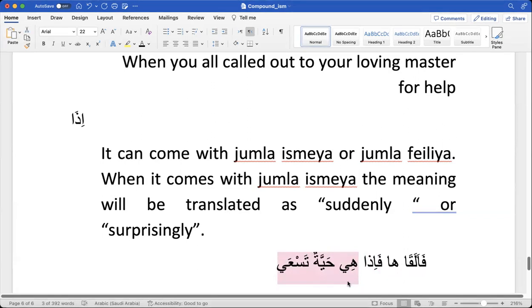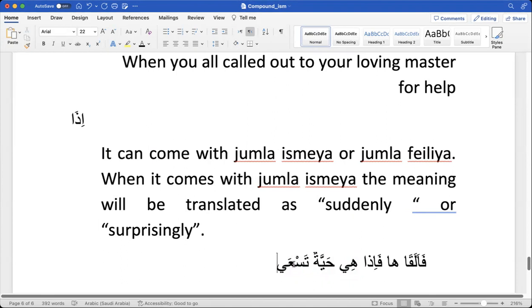What is this jumla, ismiya or fi'liya? It is jumla ismiya, because it starts with a pronoun. Where is mubtada and khabar? Hiya is mubtada and hayyatun is khabar.